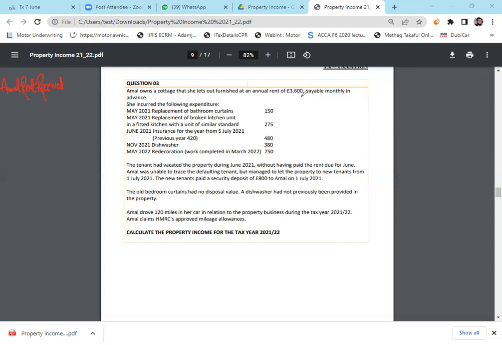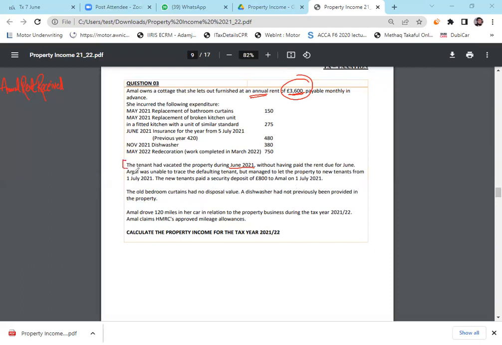Tell me, your rent is how much? 3,600, right? How much did you receive in cash? Did you receive 3,600 or no? In advance, yes. The annual rent is 3,600 payable in advance.